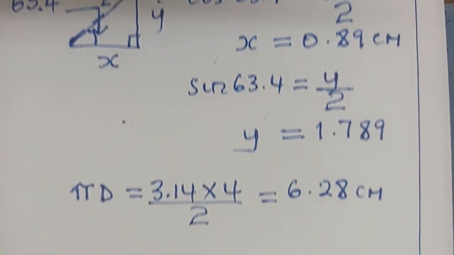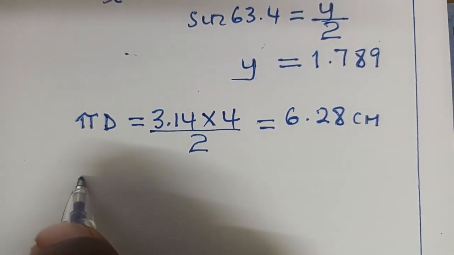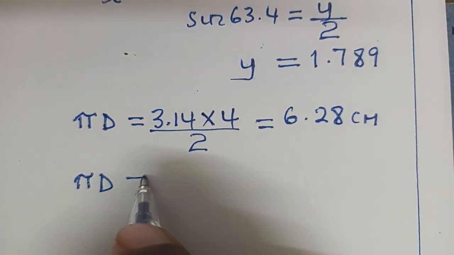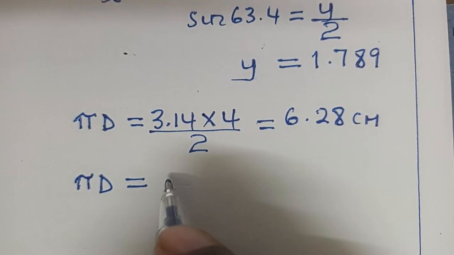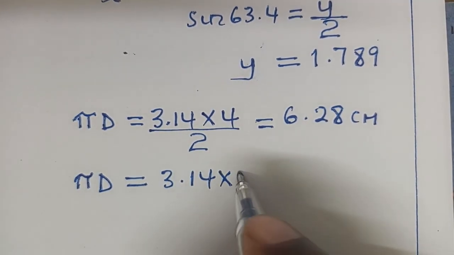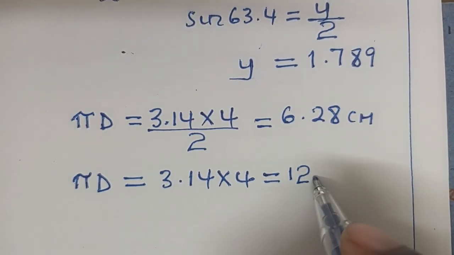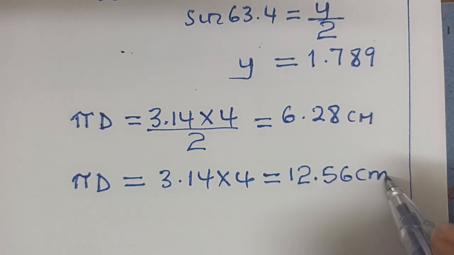And for us to do that, guys, we go back here and say for pi d, the circumference of the whole circle is 3.14 multiplied by 4. Guys, this gives us 12.56 centimeters.